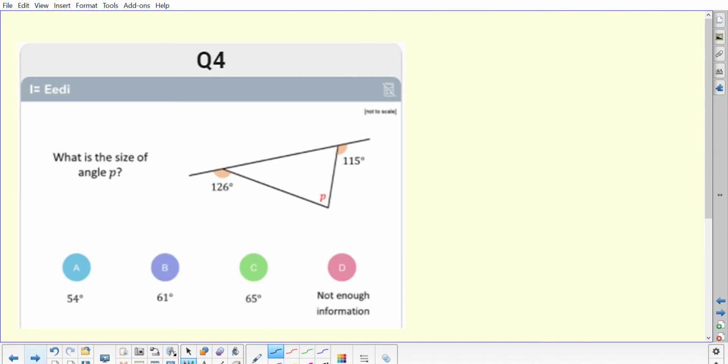In the next question, you've been given a few pieces of information. So we are trying to work out this angle here in the triangle, but we can work out the one here beside the 115. So if we do 180 take away 115, that would give us our angle of 65 degrees, can go in that corner.